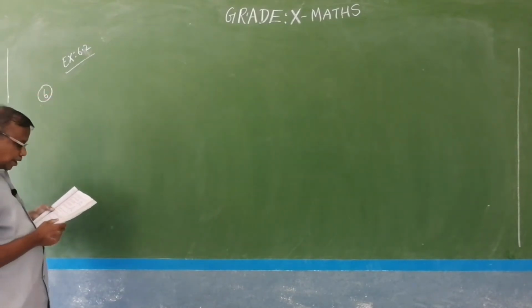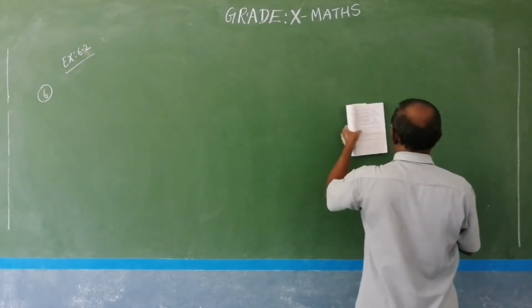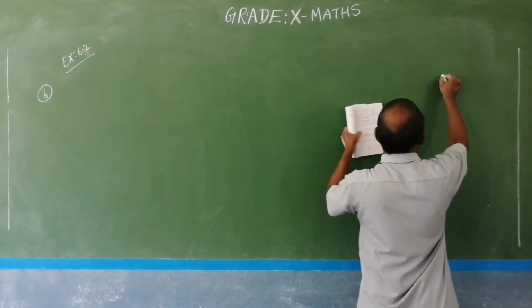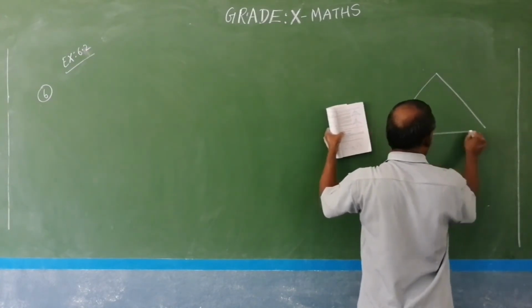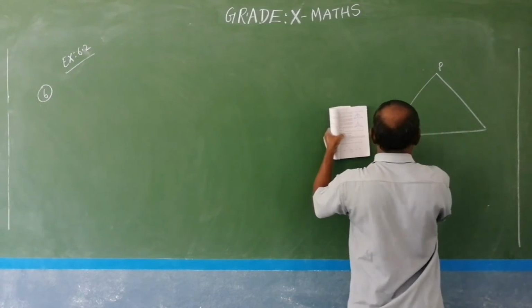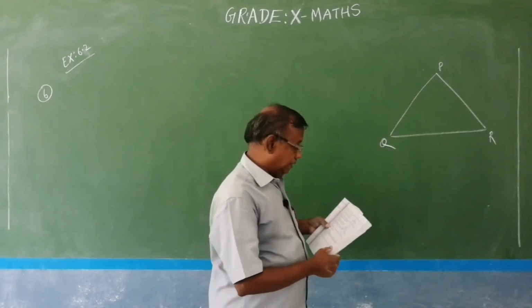Question number 6. In the diagram 6.21, let us draw the diagram first. First an outermost triangle PQR and there is another inner triangle ABC.